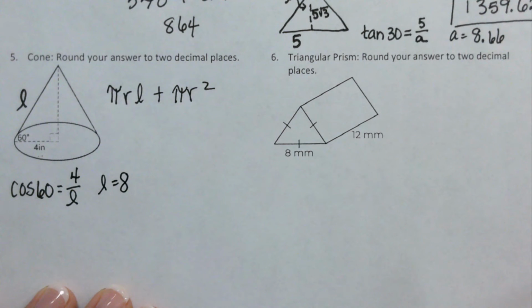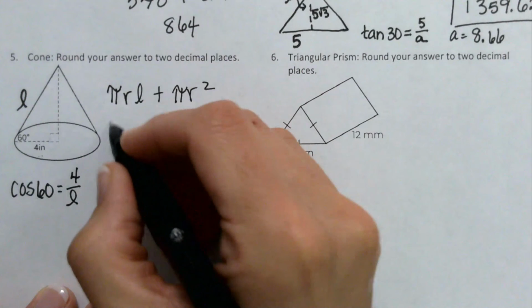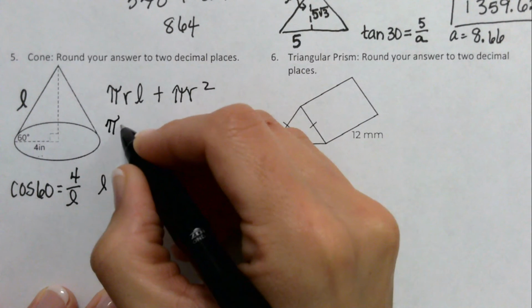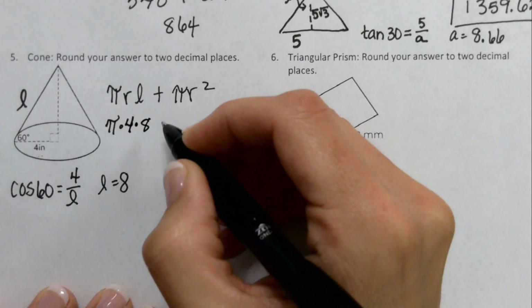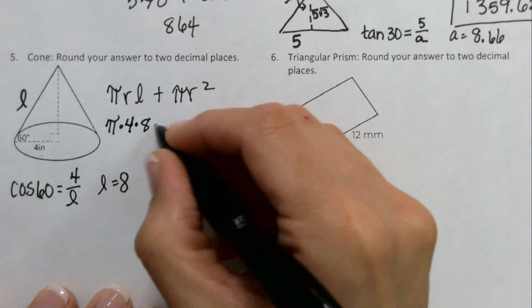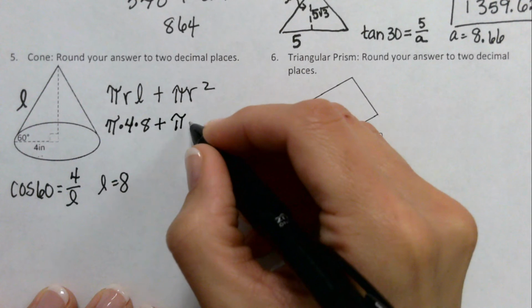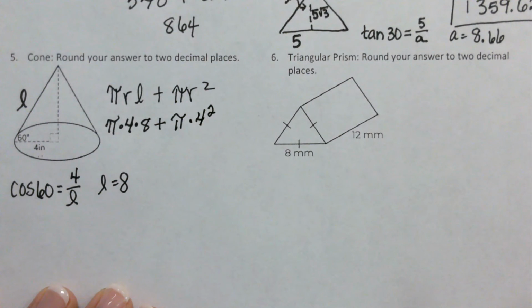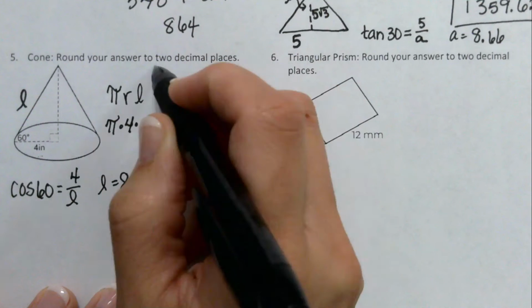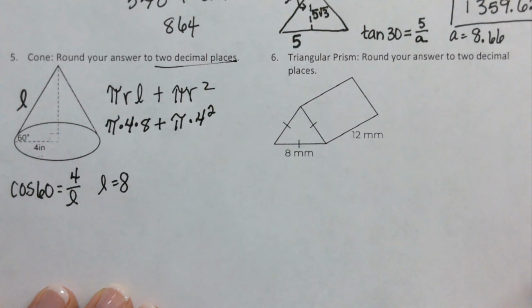Put that into my formula. Pi times 4 for radius times 8 for slant height plus pi times 4 squared. It does say to round to 2 decimal places here, so I'm going to go ahead and put the pi's into my calculator.